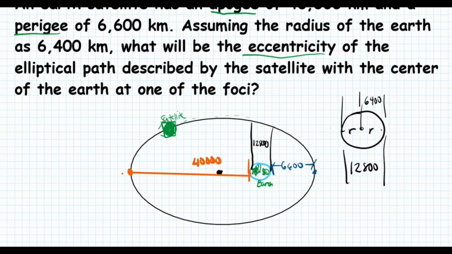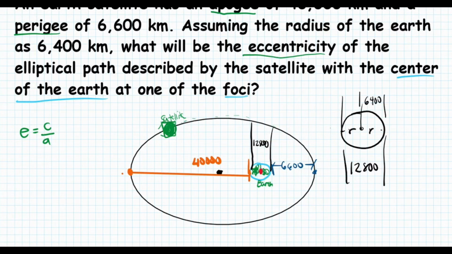And we know that eccentricity is equal to C over A. Ngayon, i-determine muna natin sino si C, sino si A. Sabi dito, yung center of the Earth ay isa sa kanyang mga foci. Ito yung center ng Earth, gawin natin siyang red. Siya daw ay yung iyong foci.